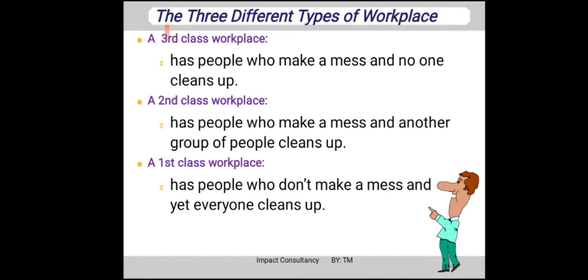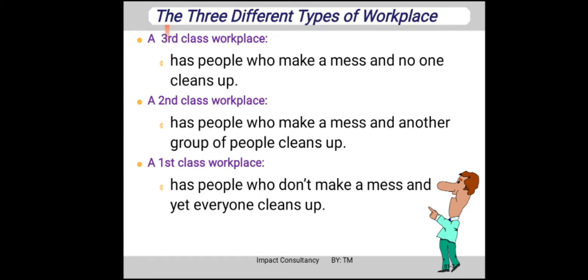They employ cleaners, and the cleaners will clean while others make a mess and make it dirty, and the surroundings produce garbage. This is also not good, but it is better than the third class workplace. The most important is the first class workplace, which is organized by Kaizen. It has people who don't make a mess, and yet everyone cleans up.